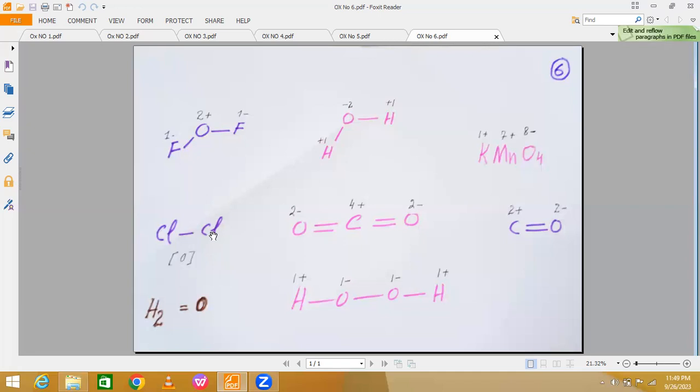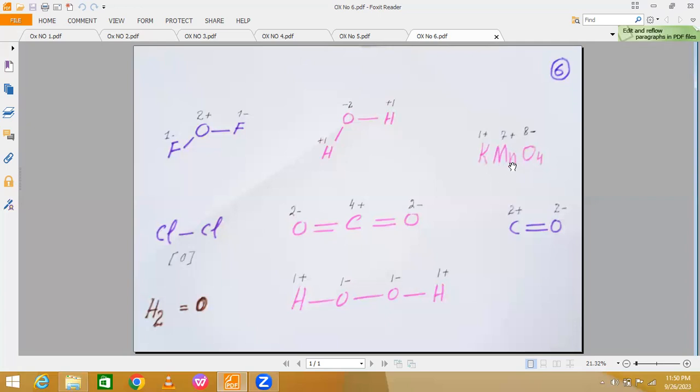The oxidation number of the chlorine molecule would be 0. The oxidation number of the hydrogen molecule would be 0. The oxidation number of any atom, that may be carbon, oxygen, sulfur, when it is isolated, would always be considered as 0.